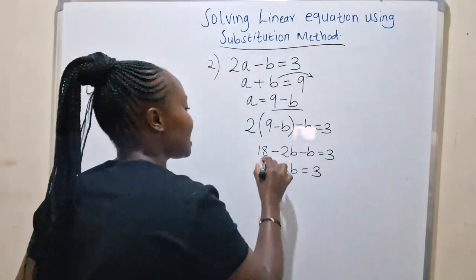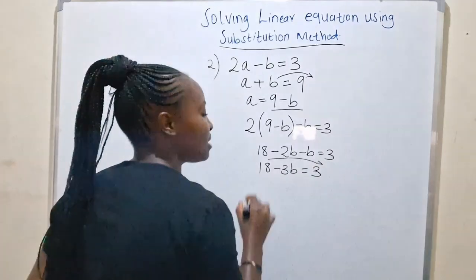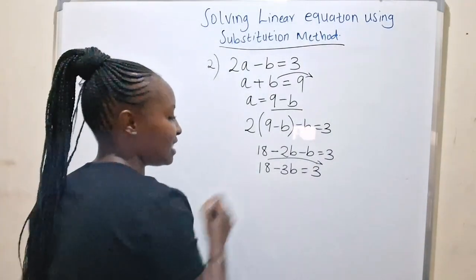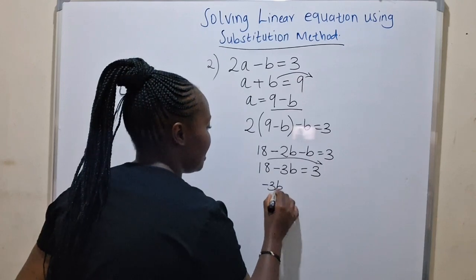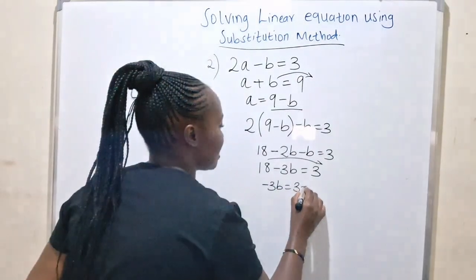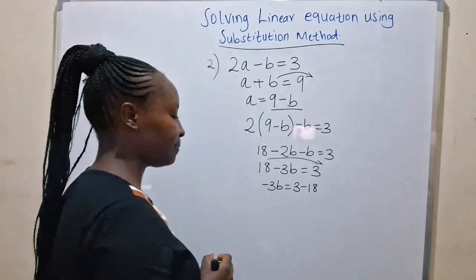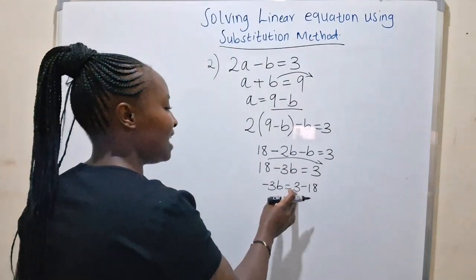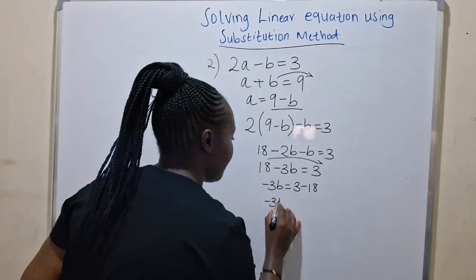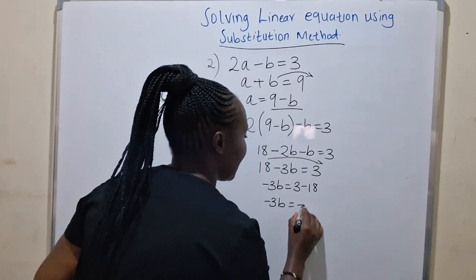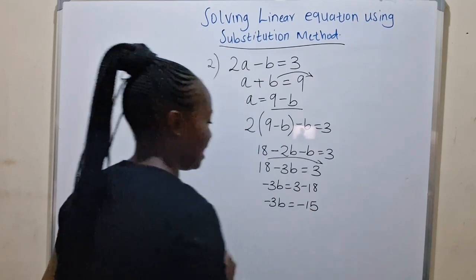Take this 18 to the other side, it becomes a negative because on this side it is a positive. So negative 3b equals 3 minus 18. You'll find that 3 minus 18 is negative 15. So negative 3b equals negative 15.